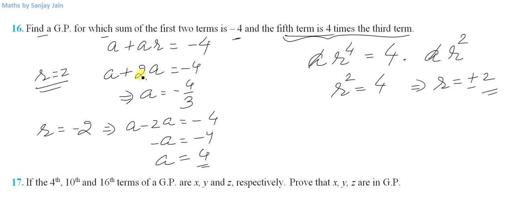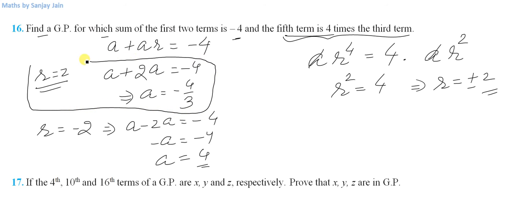If we look at this possibility first, where A is -4 by 3 and R is 2, what will be the terms? -4 by 3, then I'll need to multiply it with 2. So -8 by 3, multiply it with 2, -16 by 3, and so on.